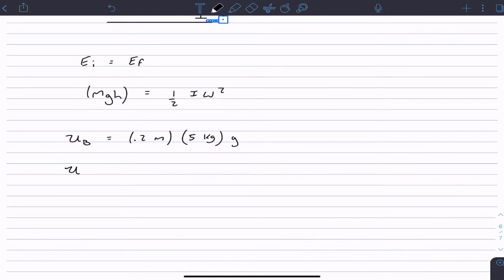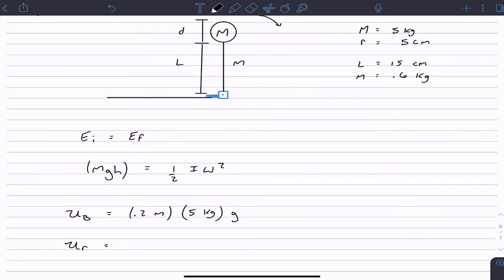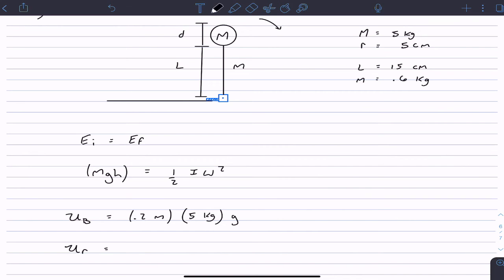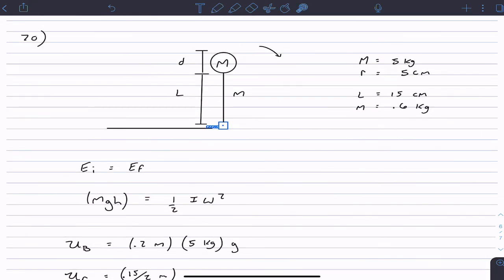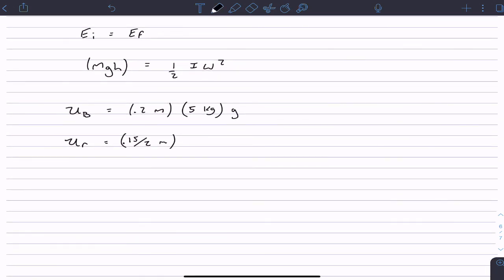And then for the rod, that's going to be 15 centimeters over 2, so 0.15 meters over 2. That's the center of mass of the rod, and that's where your gravitational potential lies. That's h times m, which is 0.6 kilograms times g.